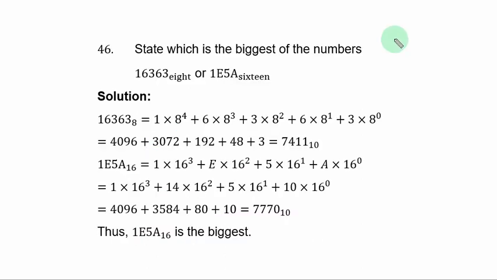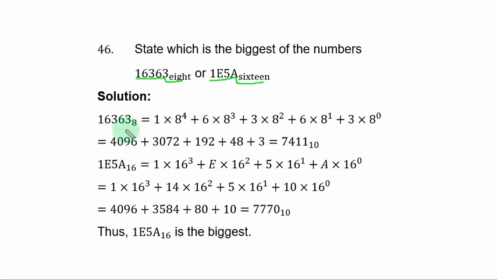Example 46. State which is the biggest of the numbers 1, 6, 3, 6, 3 base 8 or 1e5a base 16. To do that, you need to ensure that the bases are the same. So you can only convert them to a common base 10.